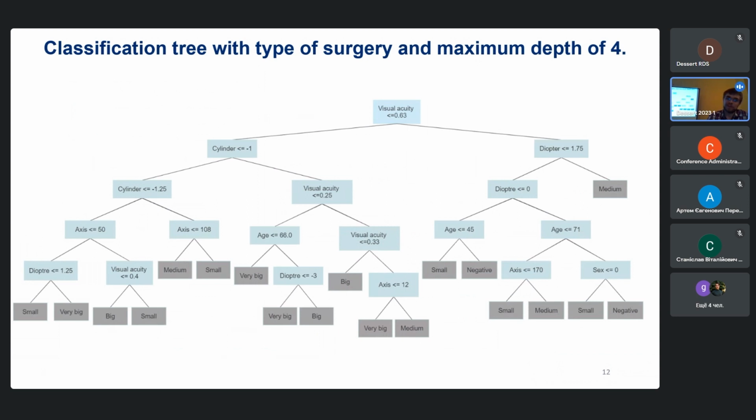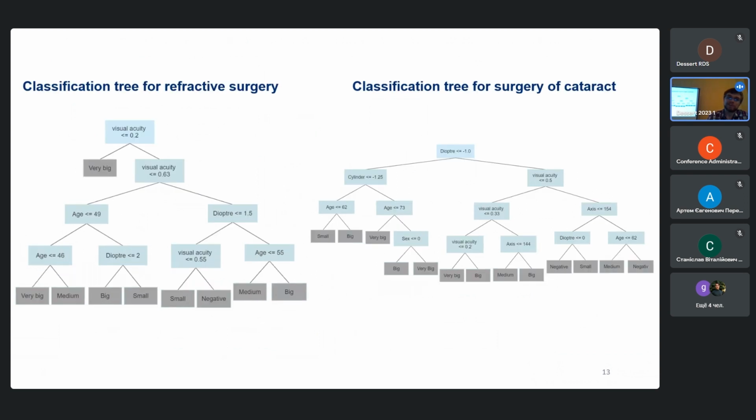But before we say that this variable had no effect on the result of the surgery, we decided to split the data into 2 groups based on type of surgery.